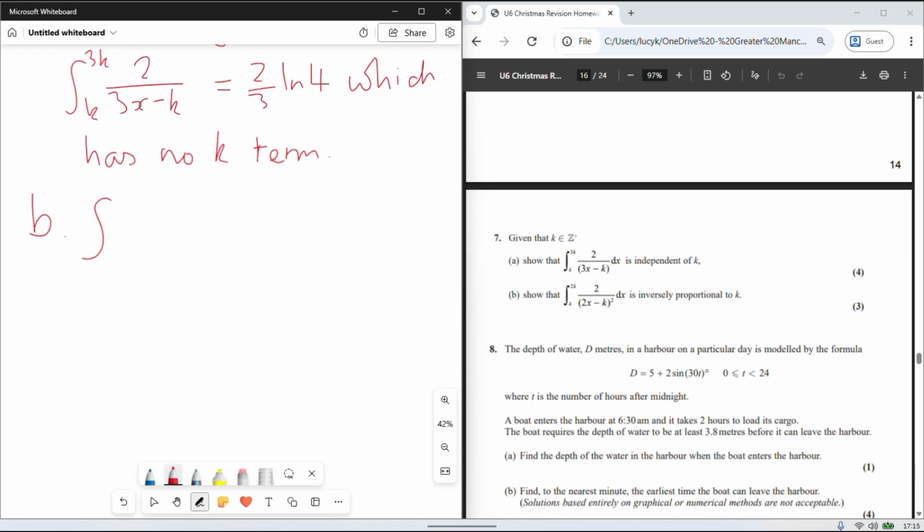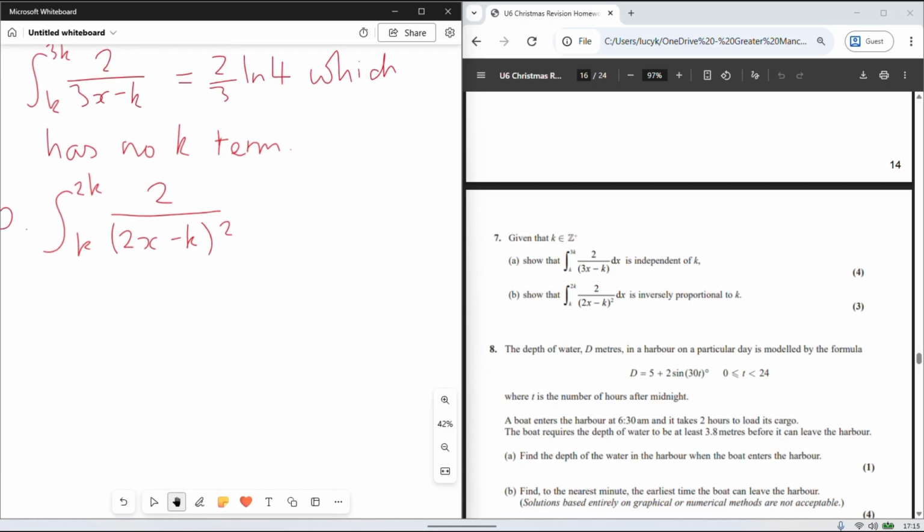Let's actually write it out. So we have our limits of 2k and k, and we end up with 2x minus k squared. So we're going to have to consider what integration we could use. I'm going to rewrite that in a way that makes my brain a little bit happier.